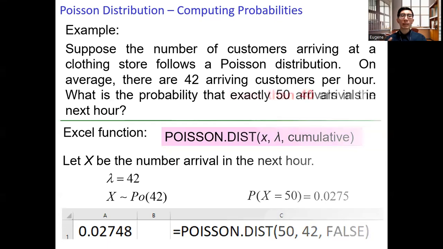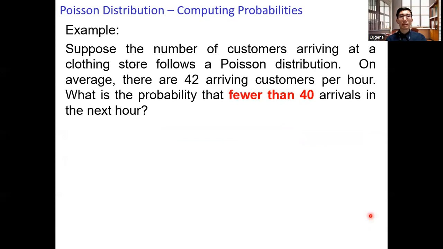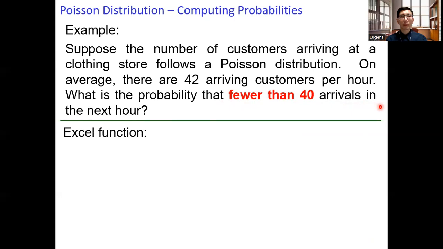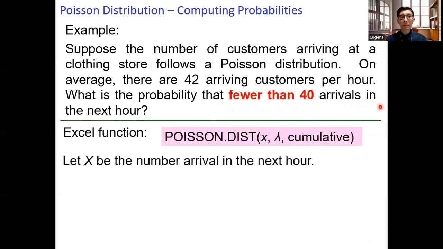Let's compute another probability. Suppose we want to get the probability that fewer than 40 arrive in the next hour. Use the Excel function again. The random variable X corresponds to the number of arrivals in the next hour with lambda equals 42.